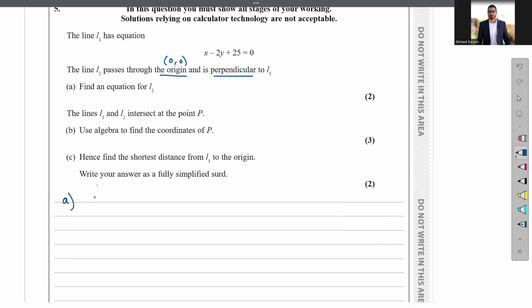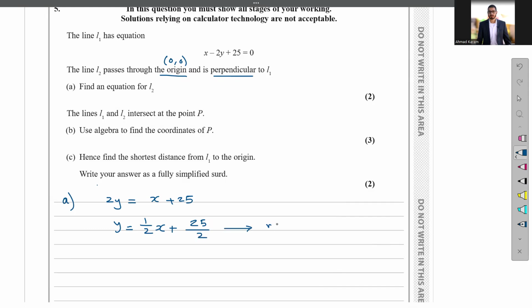So we can rearrange the formula to make y the subject. First, I'm going to move negative 2y to the other side, so 2y will be equal to x plus 25. So y equals 1 over 2 x plus 25 over 2.